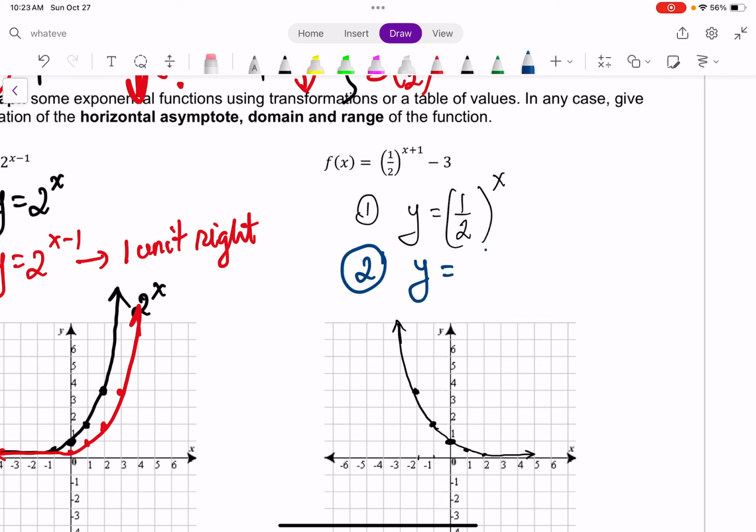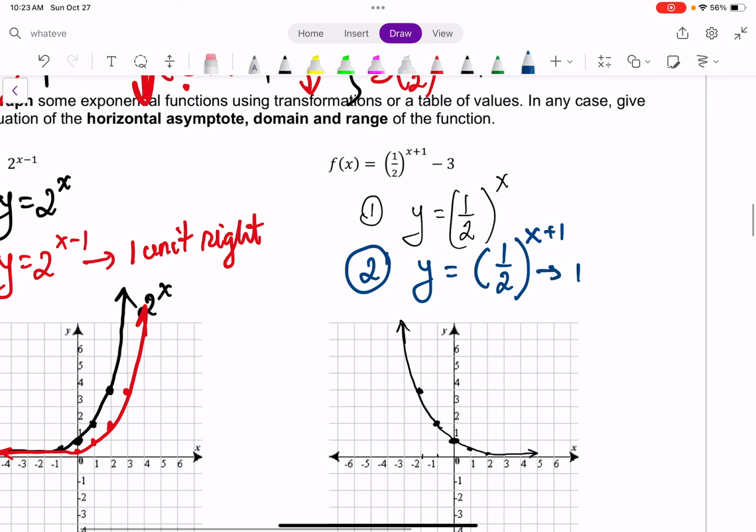Let's see. I'm going to take the 1/2 and raise it to the x plus 1. So this is going to make the graph shift 1 unit left. So what I have right now, I'm going to take these points and move them 1 unit left.